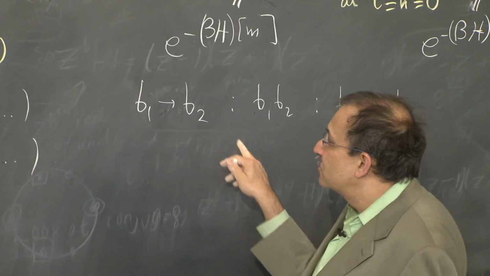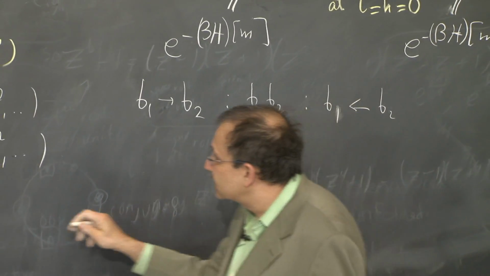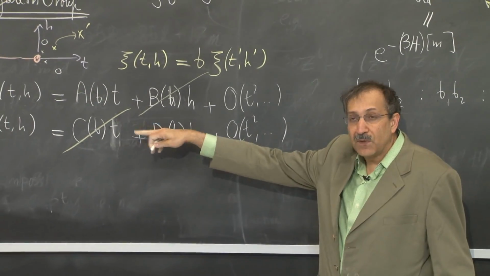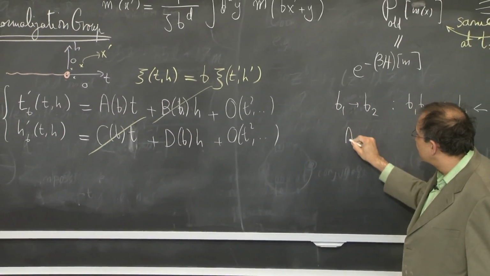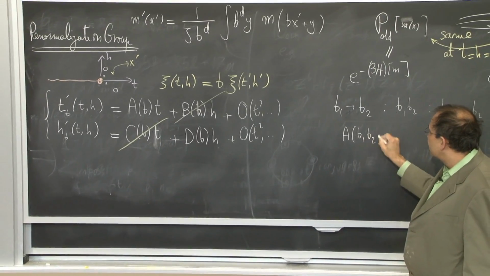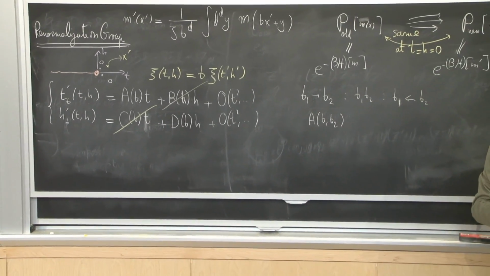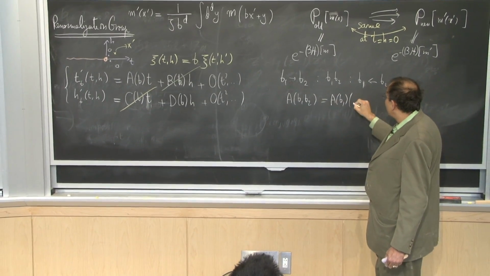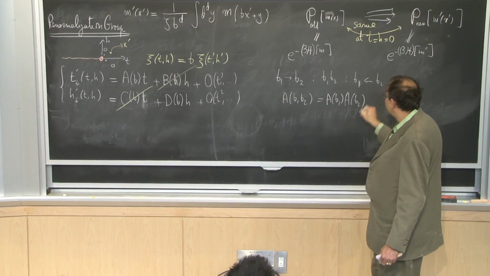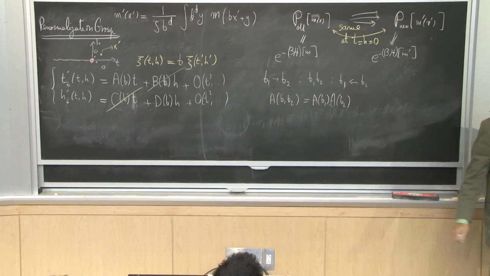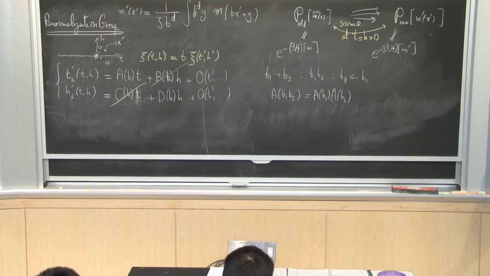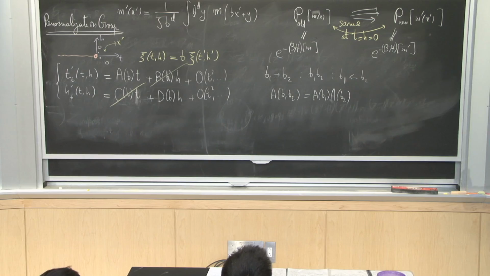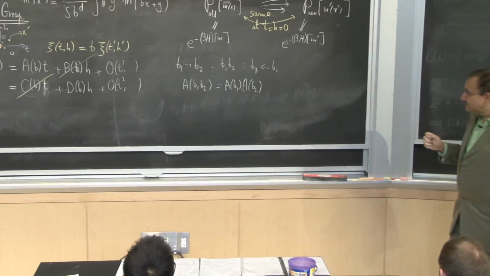That if I do two of these transformations, I find that my new t is obtained in one case by the product, in the other case by the product of the two a's. Right? So that's, again, some kind of a group character.